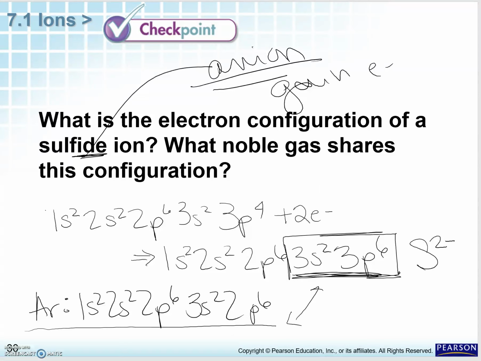They have the exact same electron configurations, and they are able to look very similar with their valence electrons. However, they are going to have the same electron configuration, but not the same charge. Notice how the sulfide has a -2 charge because it gained 2 electrons, whereas argon does not have any charge whatsoever.